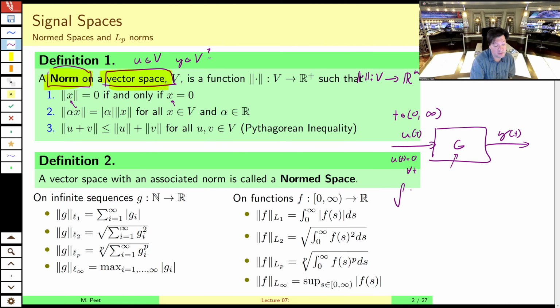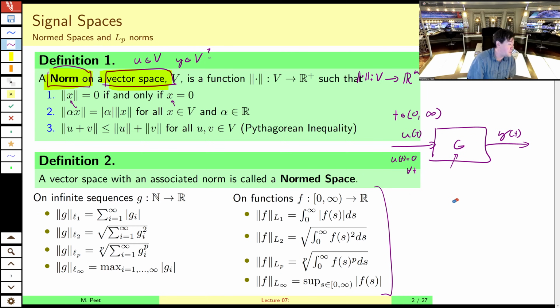And how we define the integral is important, and we have various concepts of that. But the integral of u of t is 0. So obviously, if u of t is not 0 on some non-zero time interval, then this integral is not 0. So this is how we may define zeroness for these functions.